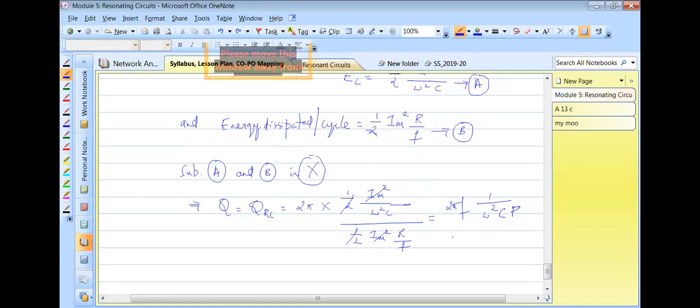So 2 pi F is omega, and what you'll be left with is omega squared CR.